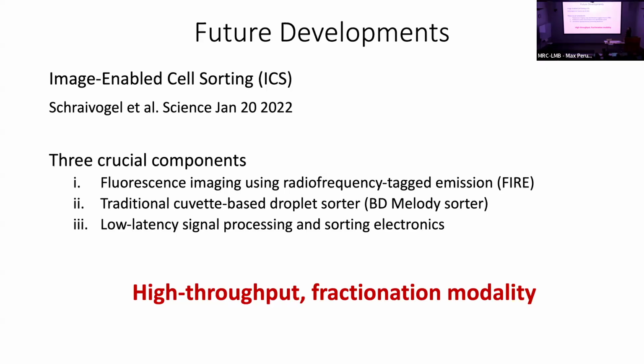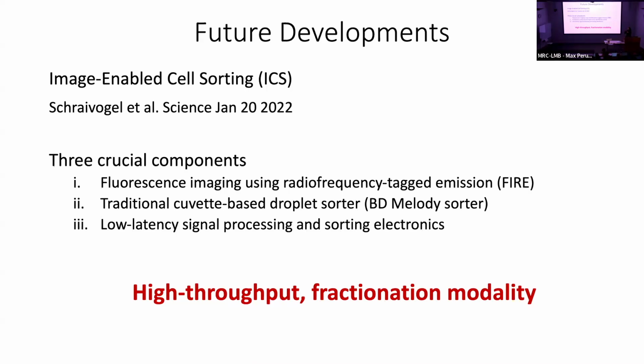The big paper that came out in 2022 by Schraivogel in Science was really groundbreaking, because it merged these crucial components of having some kind of image, using fluorescence imaging using radio frequency tagged emission, in a traditional cuvette-based sorter that I mentioned earlier.